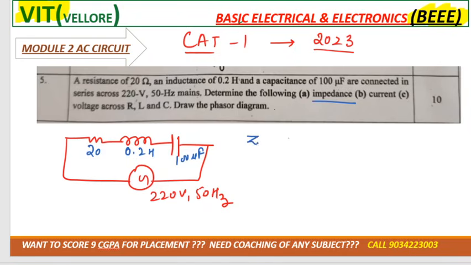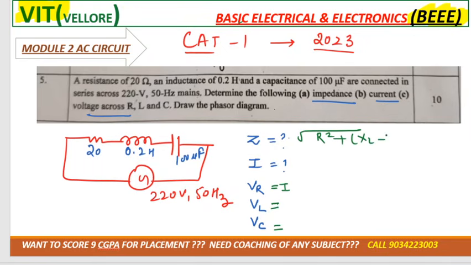Determine impedance, determine current, voltage across R, VR, voltage across L, VL, voltage across C, and the phasor diagram. So Z is equal to root of R square plus (XL minus XC) whole square.